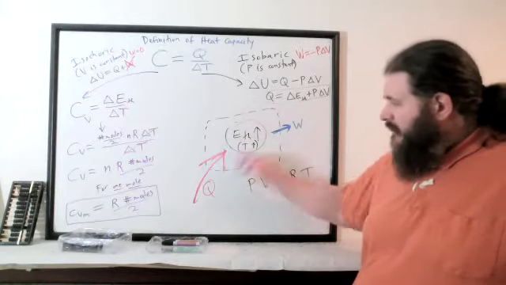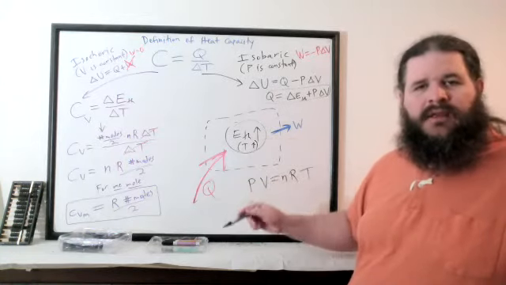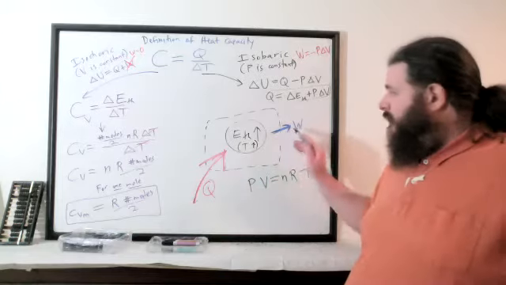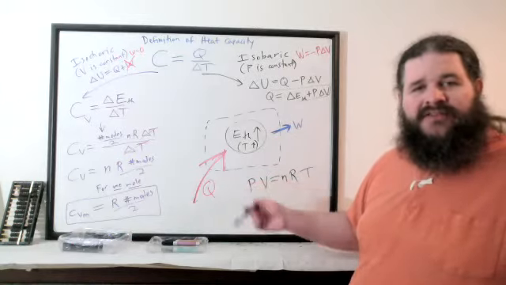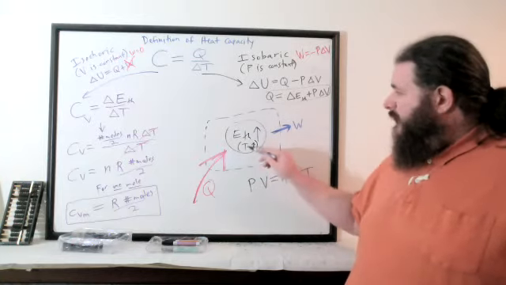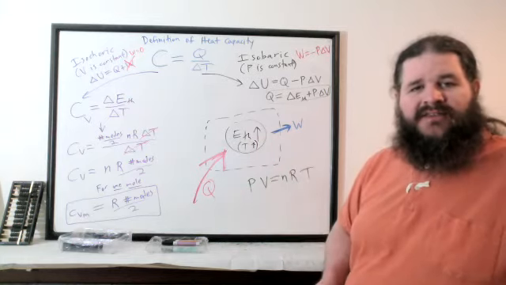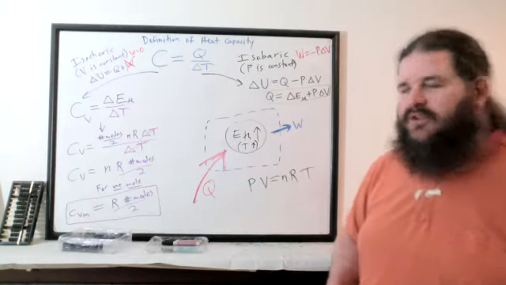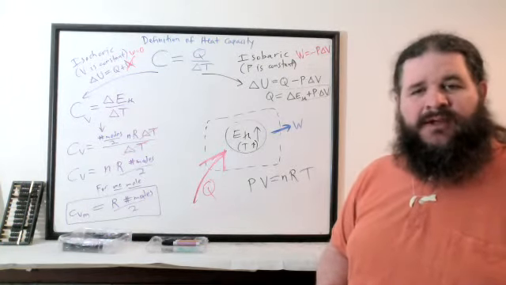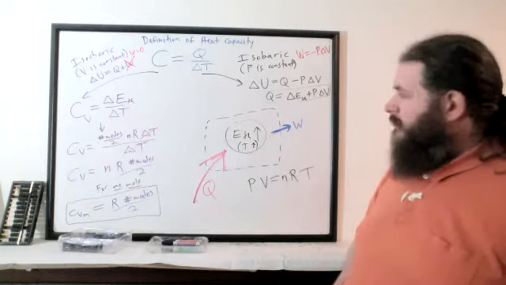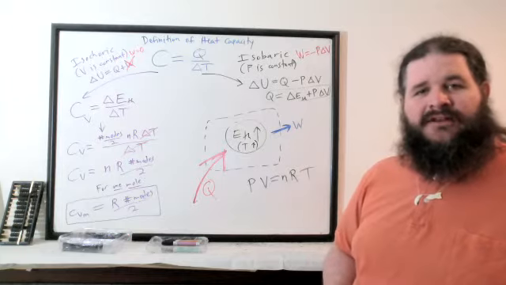So you've got to add extra heat because you're not only adding enough heat to raise the temperature, you also need to add enough heat to balance out the lost energy due to the work leaving. So that's what I mean when I say this process is less efficient. You're adding heat to raise the temperature, but you have to add extra heat to account for the energy loss as the gas expands. So if we're trying to raise the temperature, we should expect this to be more difficult. That means that we should expect the heat capacity to be larger because the heat capacity represents how difficult it is to raise the temperature.